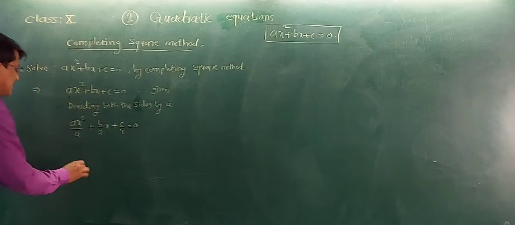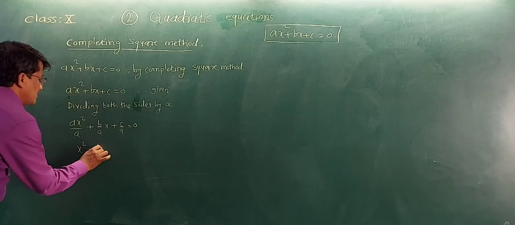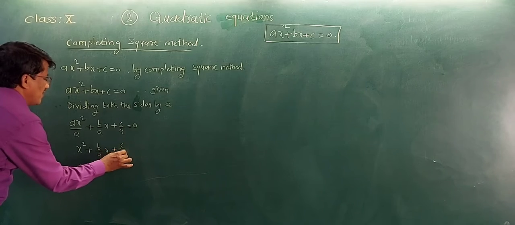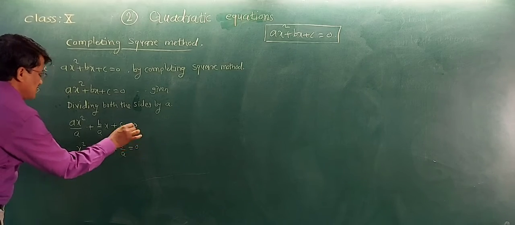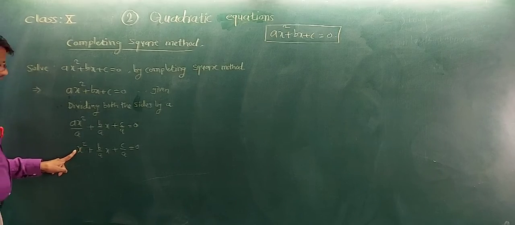So a will get cancelled. x square plus b upon a x plus c upon a equal to 0. Now here the coefficient of x square is 1.